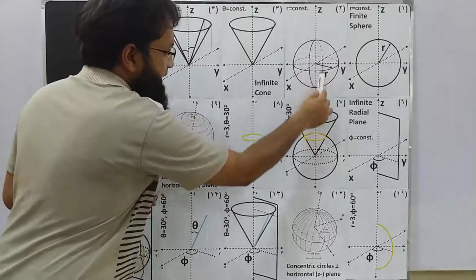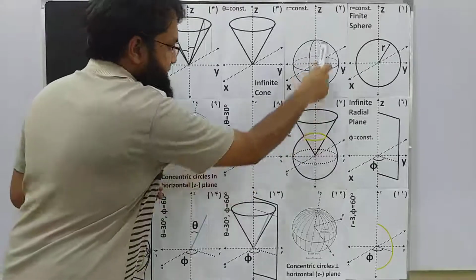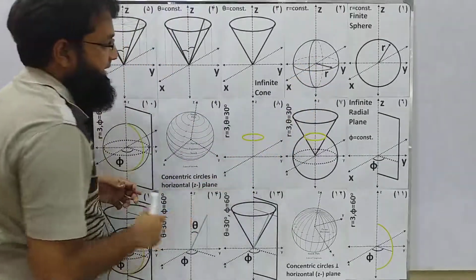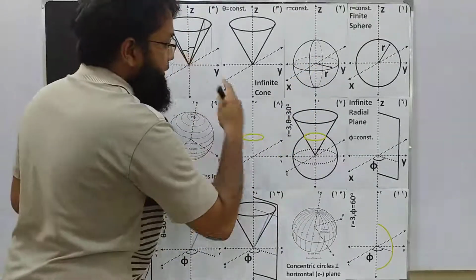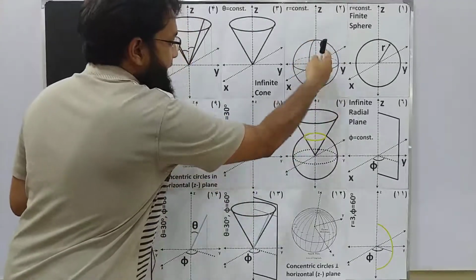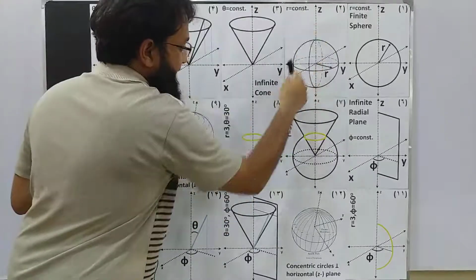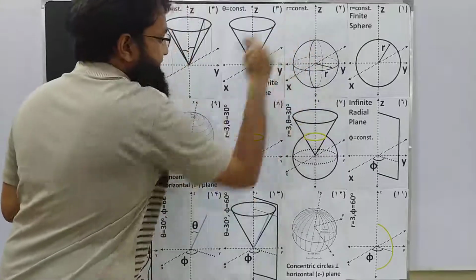And this circle, which seems like a vertical circle, though there is no concept of a vertical circle, is nothing but the intersection of this r equals constant sphere and the y equals 0 plane, or in other words the xz plane.